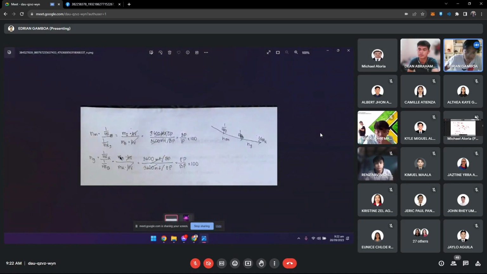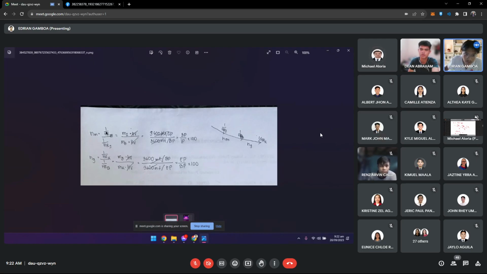Bale, ito po, para po sa mechanical efficiency, tsaka po para sa generator efficiency. Para po sa mechanical efficiency, kasi po nakalagay po sa arrow diagram yung 1 over HRI at saka 1 over HRB, yung 1 over brake heat rate at saka 1 over indicated heat rate.